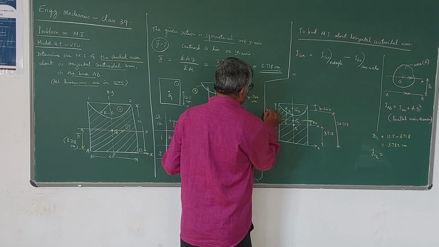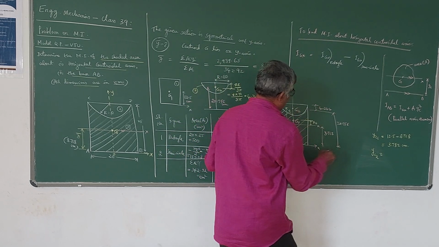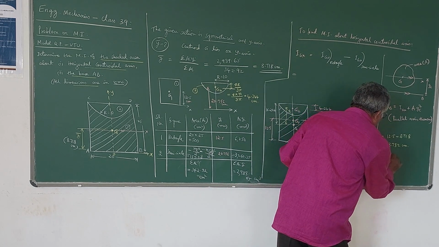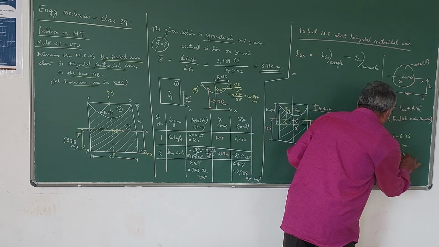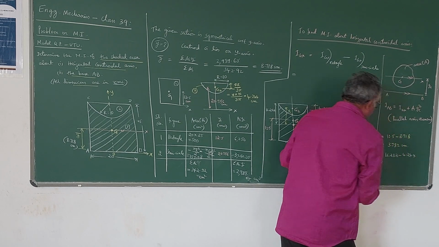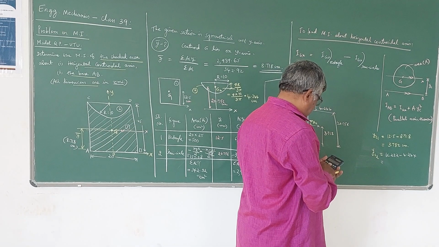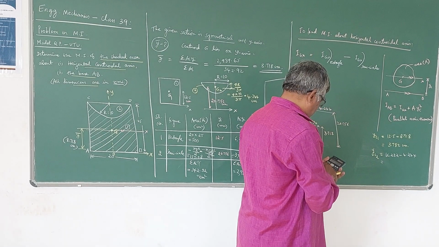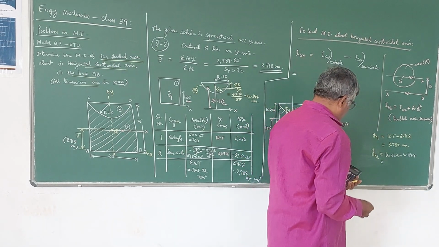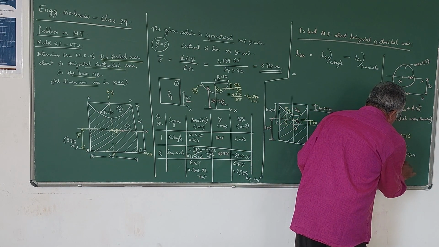So this distance is 16.282, minus this 4.244. So that is the value of YC2, which is 16.282 minus 4.244, which is 12.038 centimeters. So these are the values.